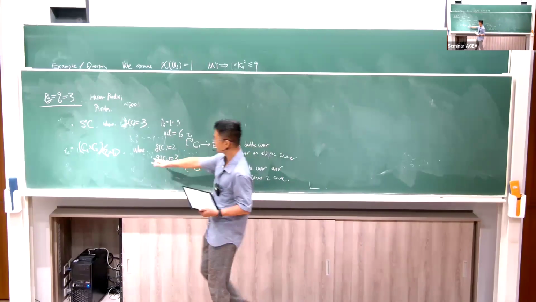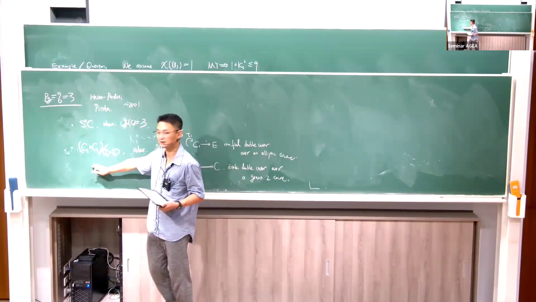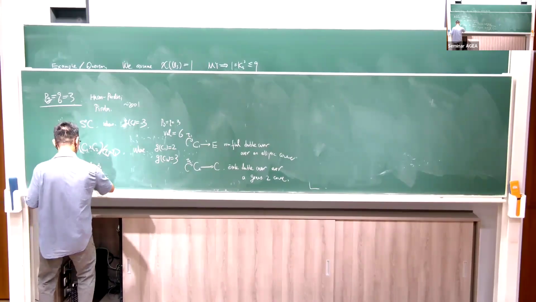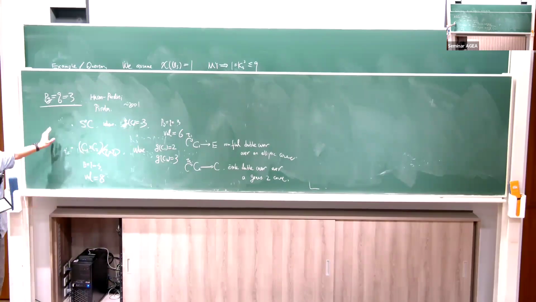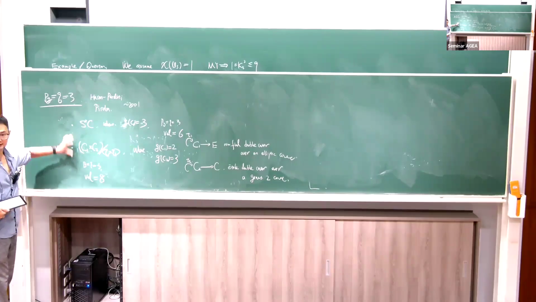Since this is étale quotient of a product of 2 curves, one can see that in this case the volume is 8. But they show that these are the only surfaces which satisfy PG equals Q equals 3.